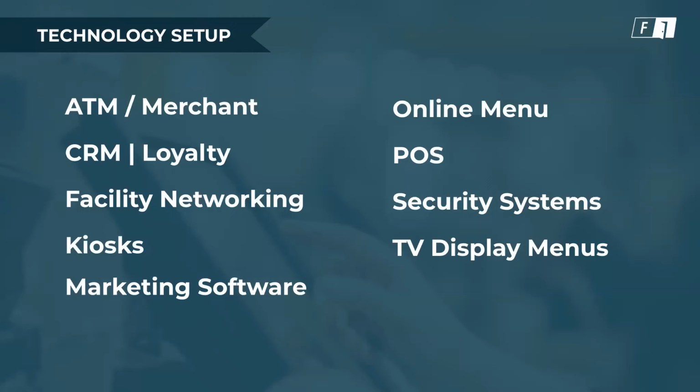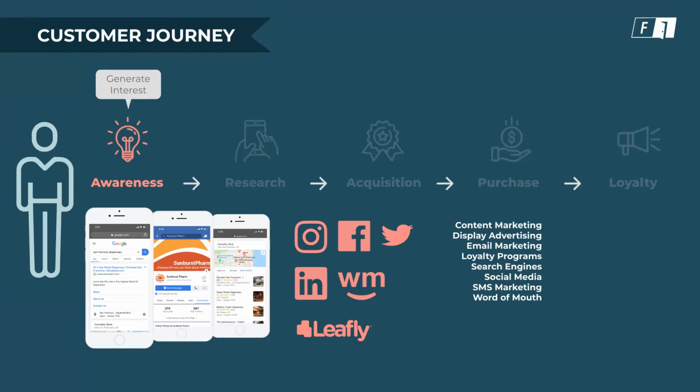As you can see in these screenshots, there's a few examples of advertising when a customer is on their mobile phone and searching for a dispensary in their area. From our numbers, 72% of all customers that visit our clients' websites are on mobile devices.